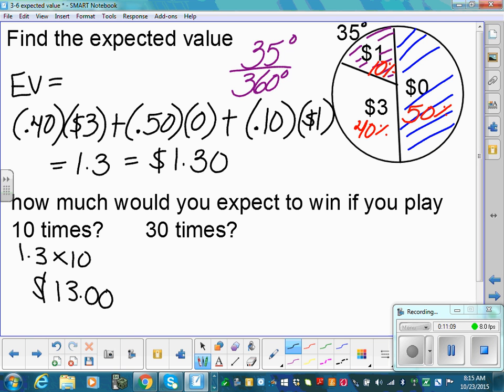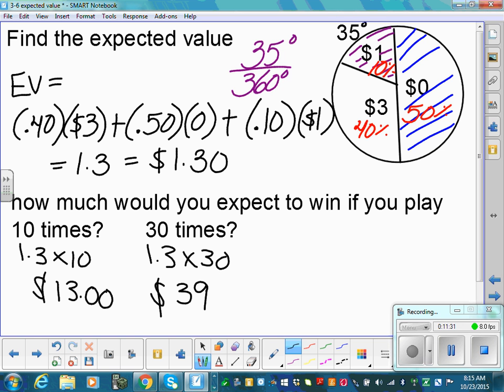And if we spin it 30 times, you take 1.3 times 30, and you get $39. Very good. I definitely play that game.